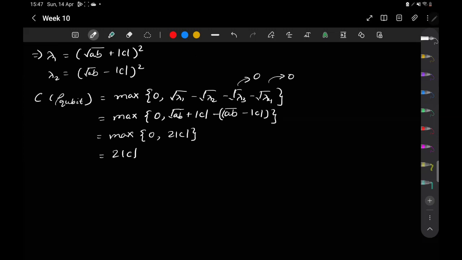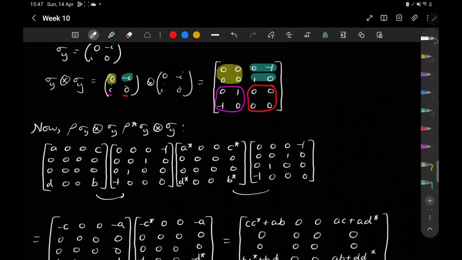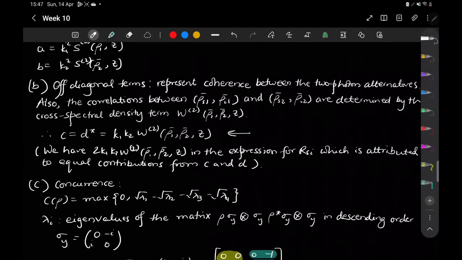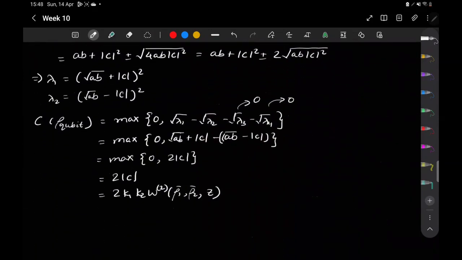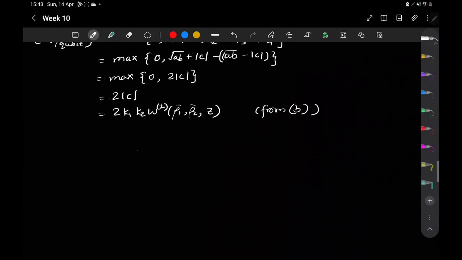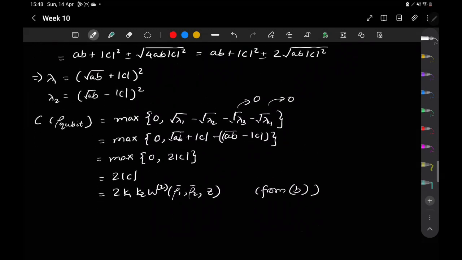So this maximum is 2 mod c, which is 2 k1 k2 w. This we had seen in part B, that c is this k1 k2 w. Here we are making use of that from part B. So this completes part C, where we found the concurrence.